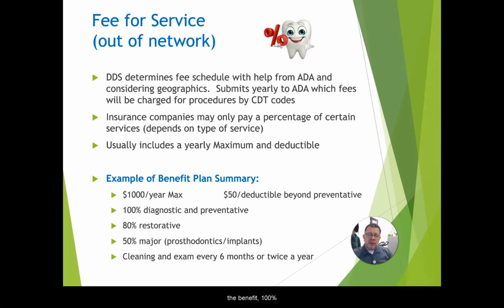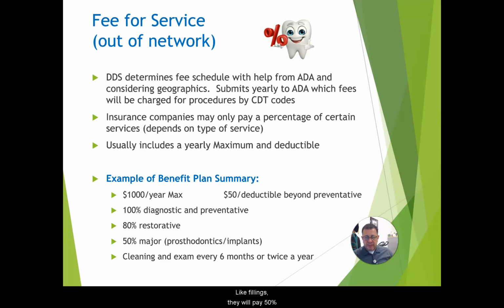Now, the benefit: 100% diagnostic and preventative. So this Delta Dental California happens to pay 100% of the diagnostic, the exam and X-rays, and also the preventative: prophy, sealants, fluoride. They will pay 80% of the UCR, or what they think is reasonable, when it comes to restorations, like fillings.